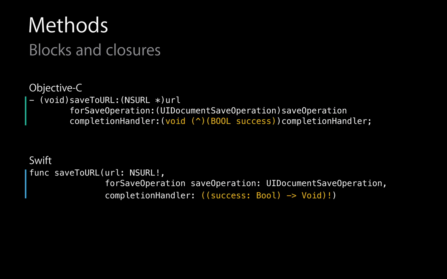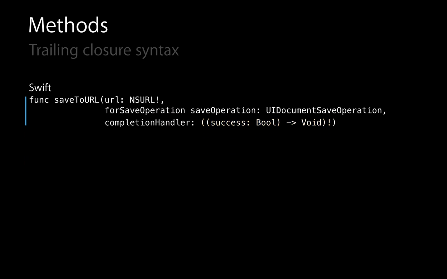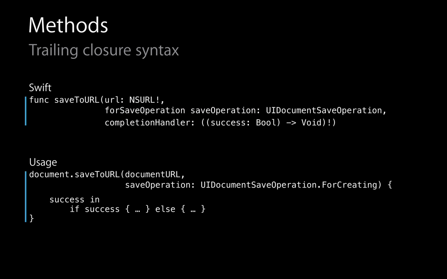You see, again, this is an implicitly unwrapped optional so that you can pass a nil block in here. Now, the really great thing about getting Objective-C blocks mapped into Swift closures is that we get all of the great closure syntax that is provided by Swift, including trailing closures when your block is the last parameter. So all of your blocks-based APIs that you've written, all of the ones from Cocoa, when they're following the convention of putting the block last, get this nice trailing closure syntax in Swift.